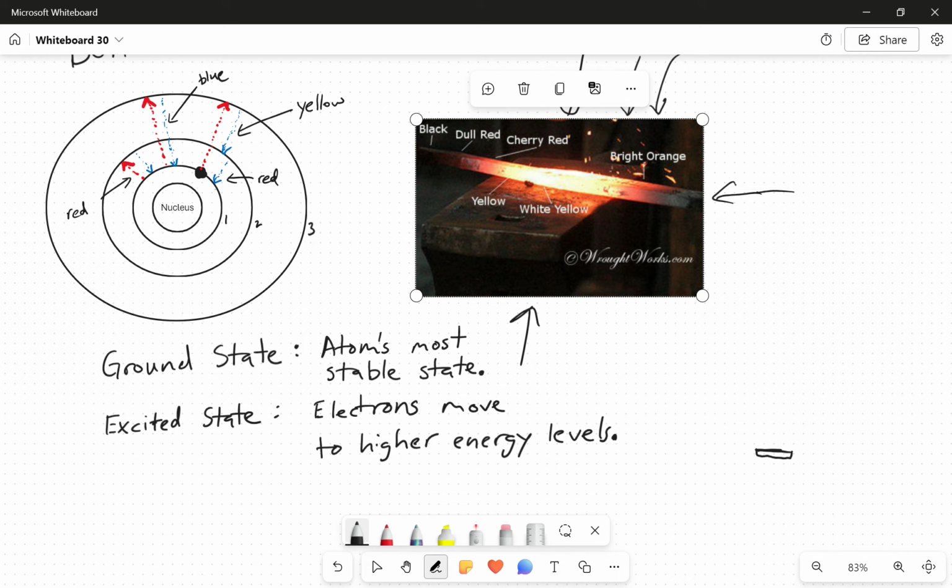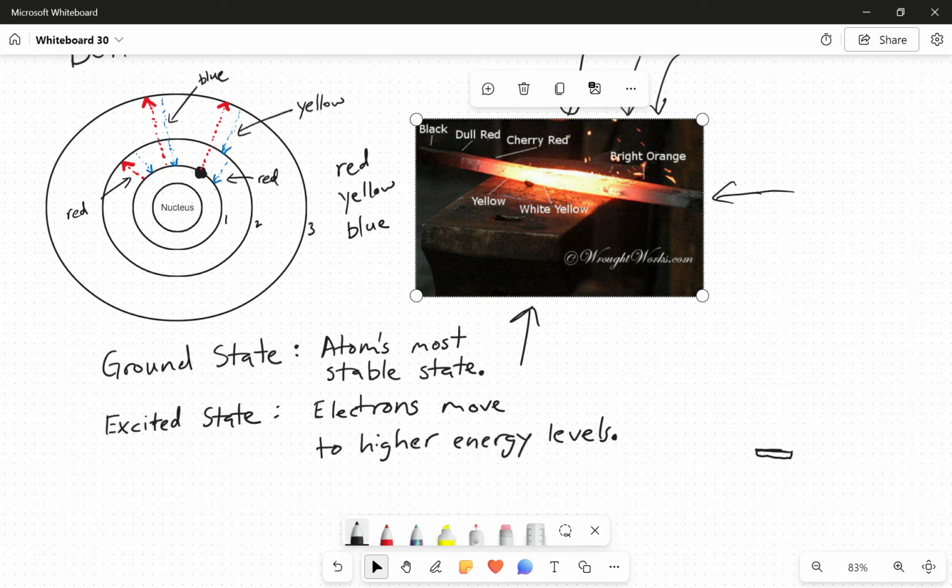So as a result of this, just heating up this one type of material, you're going to end up with red light, yellow light, and blue light. But you would not see green and orange and violet and things like that. It's specific colors because specific jumps are being made.